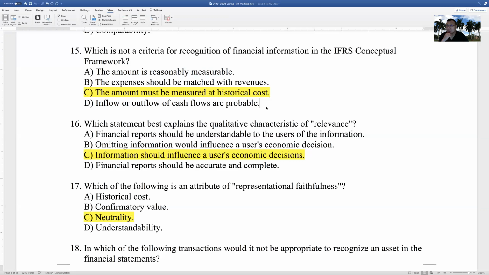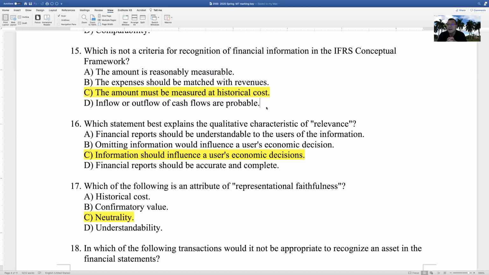If you cannot measure something, then you cannot recognize it. Remember, I gave you the example: what is the value of the university president? If you're not able to measure it with a reasonable number, then you should not recognize it.